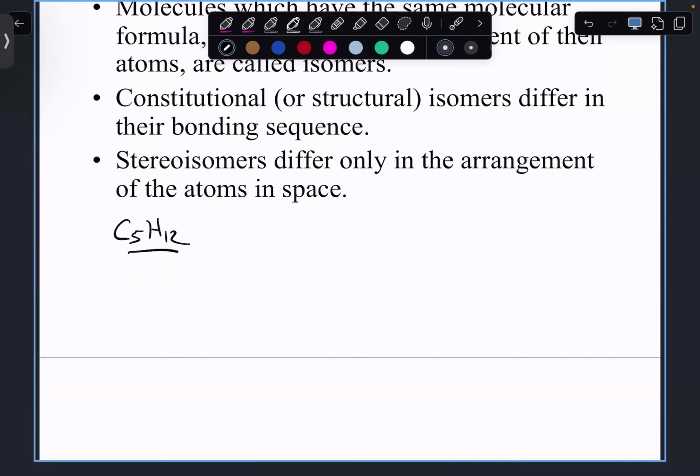The easiest is always just to draw it out in a straight line, 5 carbons in a row. So 1, 2, 3, 4, 5. There we go. That is one isomer of C5H12. I've got 2 more. What about this one? Is that a different isomer of C5H12?